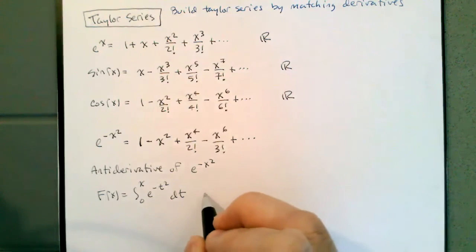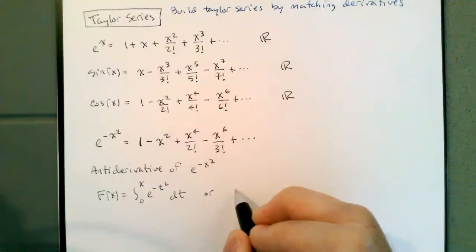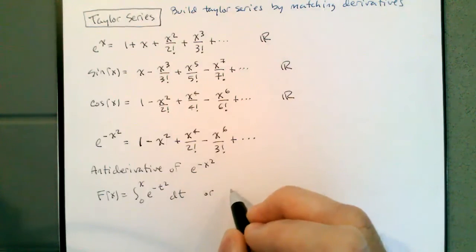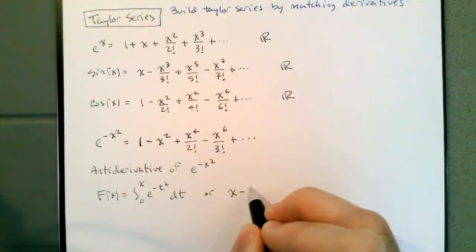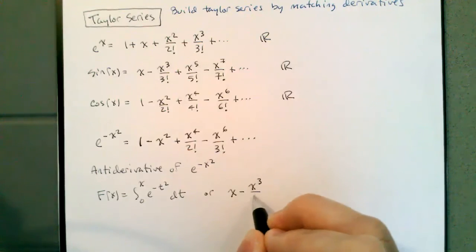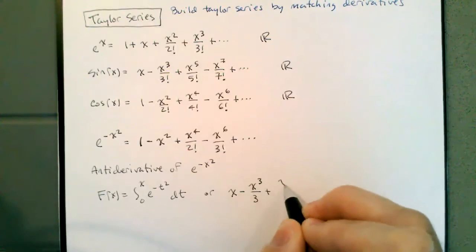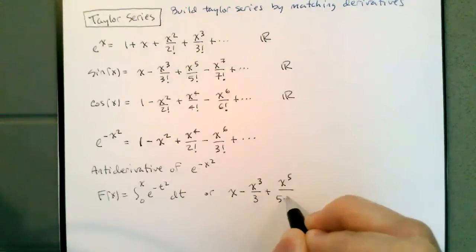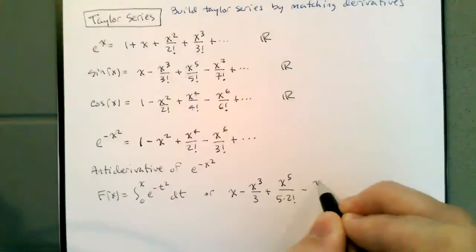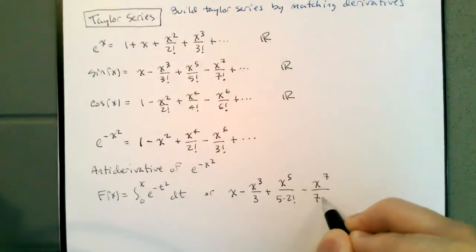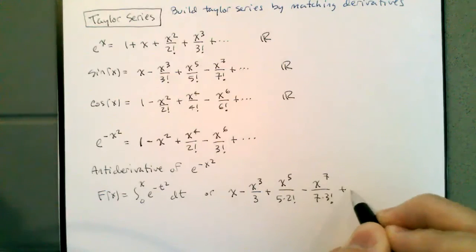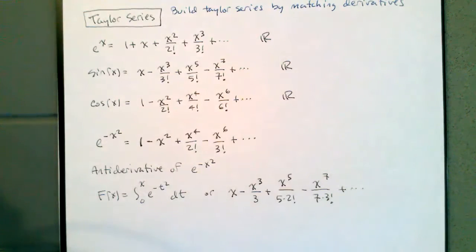Or we can just find the antiderivative of this series. It can't be expressed as a finite combination of elementary functions, so we'll either use an infinite combination of elementary functions or a non-elementary function.